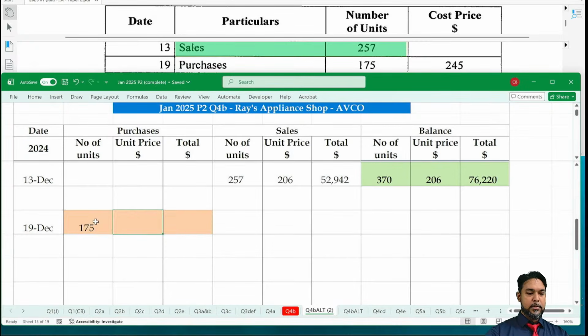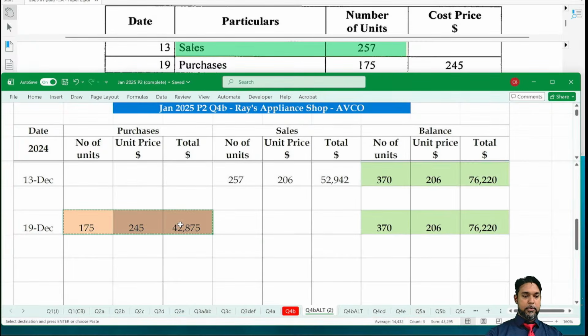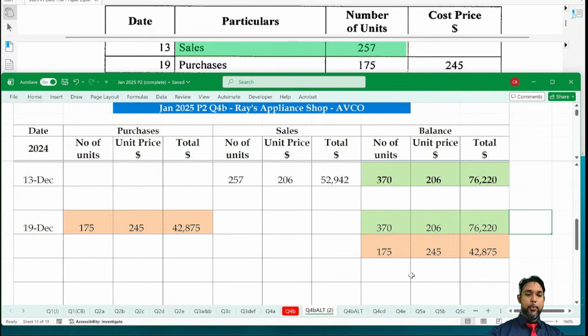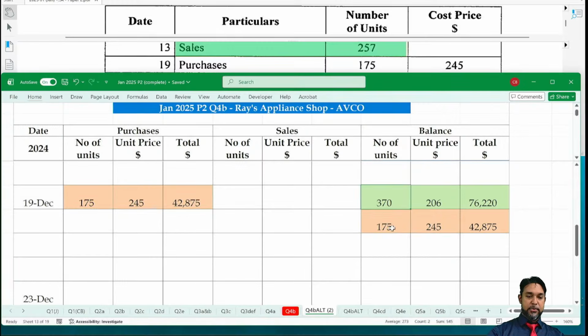175 by 245, and then multiply. 42,875. Okay, so now what we have to do, let's bring that there, bring this here. And now we have to recalculate the new weighted average cost. So again, what we do is we add up the number of units, we add up the total value, and then we divide total value by number of units to find this piece here.